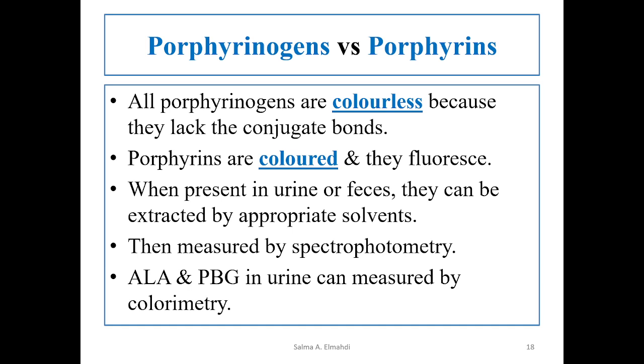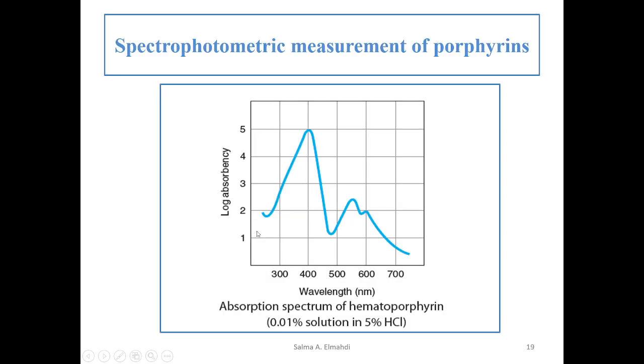Why do we need to measure these compounds? Clinically or biochemically, to diagnose conditions known as porphyrias. And this is a graph showing the absorption spectrum of hematoporphyrin using spectrophotometry.